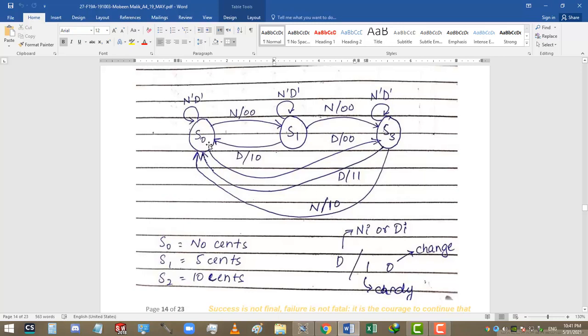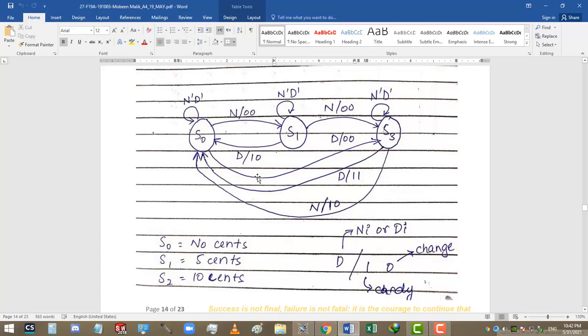Now in the first state, when there are no cents in the machine, if I don't put anything, neither a nickel nor a dime, the machine remains in this state. If I put a nickel in this state, then the machine goes into the second state, which is the 5 cent state, S1. If I put nothing in there, the machine remains in S1.